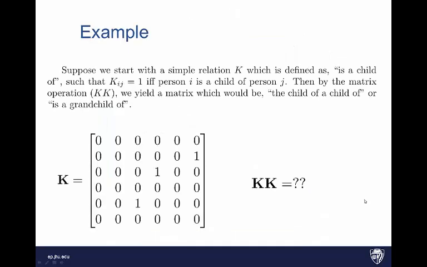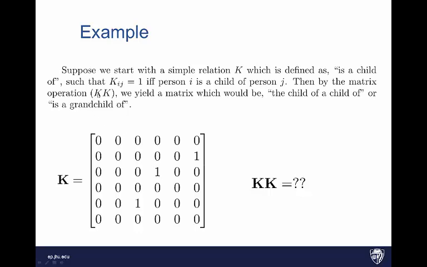I'm going to give you one example here where we start with this relation K, which is defined as child of, so there's an element Kij equals 1 if and only if person I, that's the row, is a child of person J. So in this case, person 3 is a child of person 4.